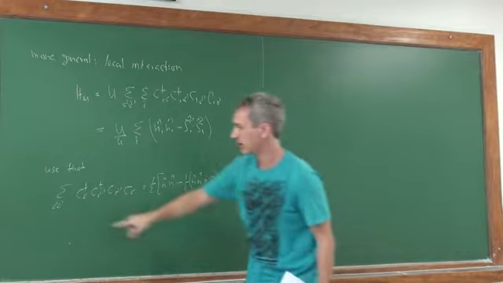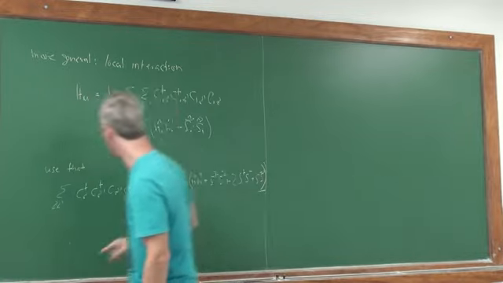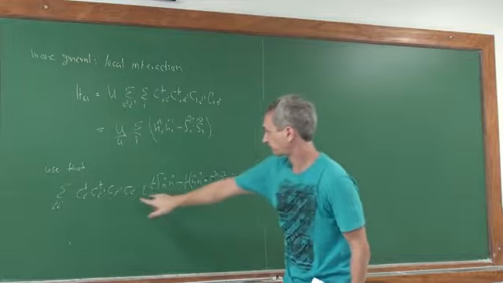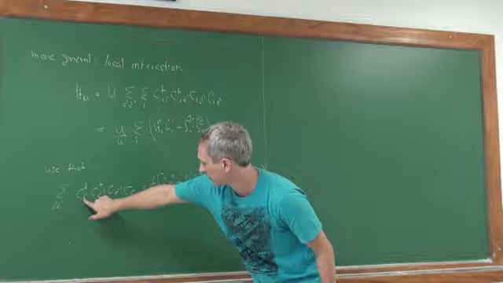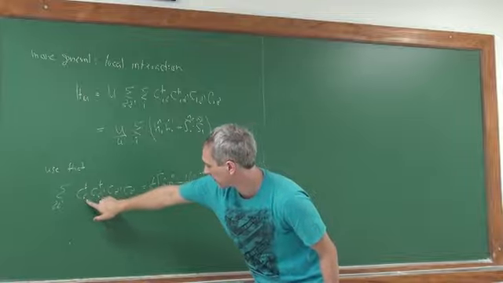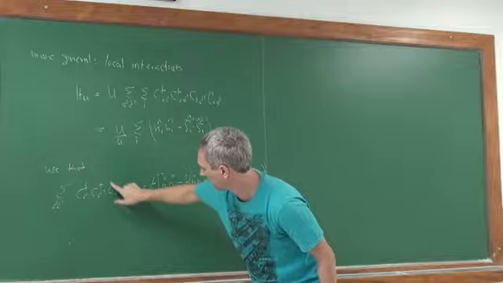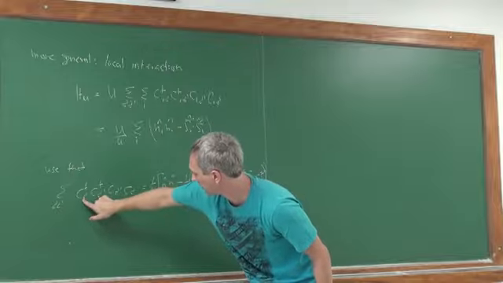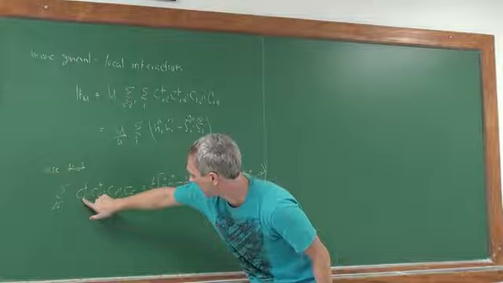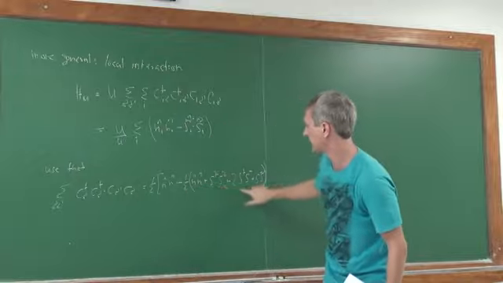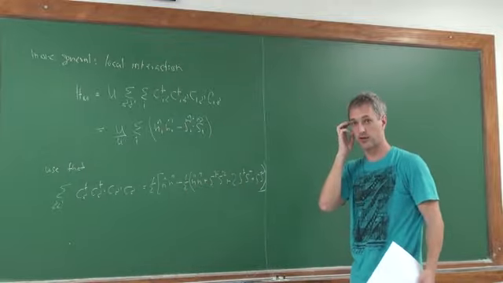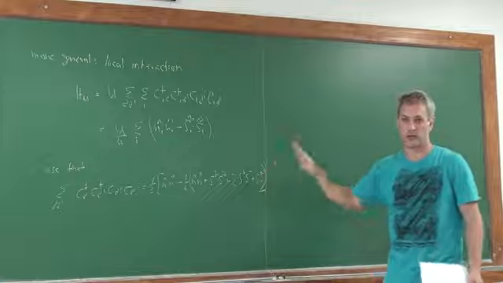So this is just generalizing what was done here. If you take something like sigma, sigma prime, C dagger sigma, C sigma prime, C dagger sigma prime, C sigma, you can express this as some combination of this. You can just go through it if you like.